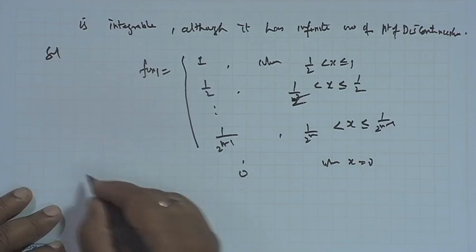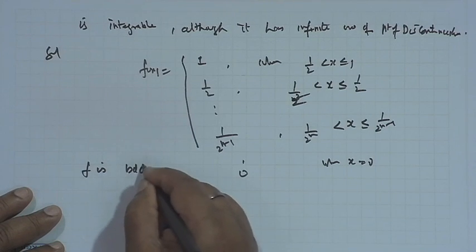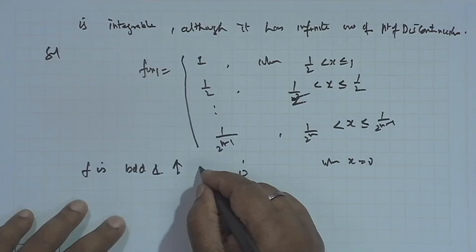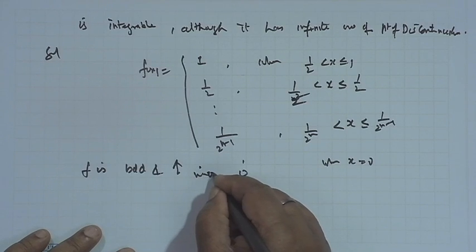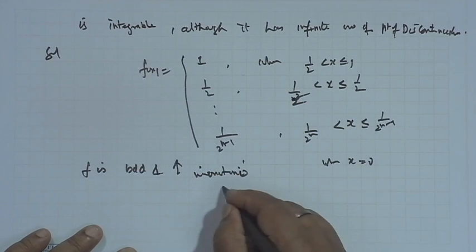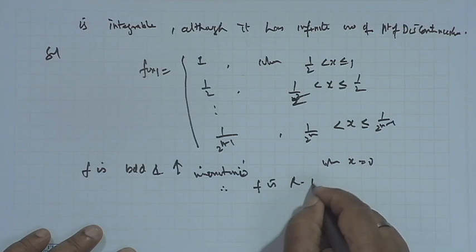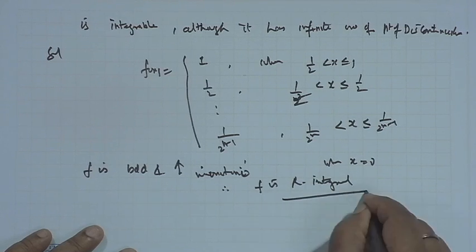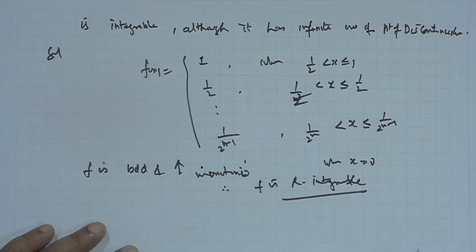So, f is a bounded and increasing function, therefore monotonic increasing, therefore f is Riemann integrable. Okay. So, that is all. Thank you.